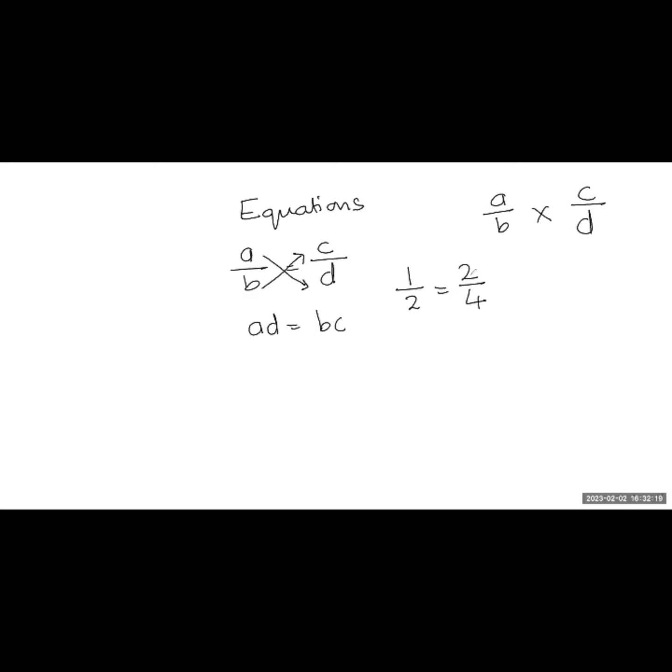This is a true statement. If they are equal, then this should also be true: 1 times 4 is equal to 2 times 2. That is correct, because here we're getting 4 and here we're getting 4. So this will hold.